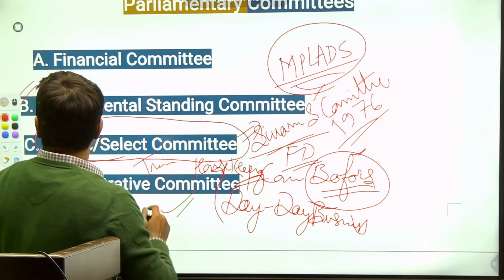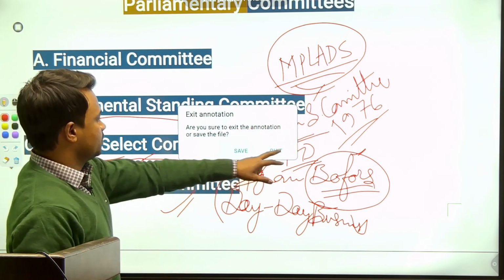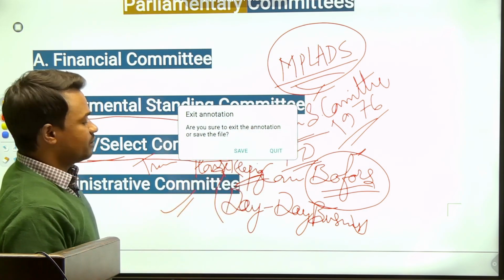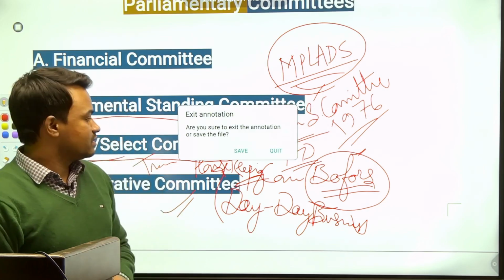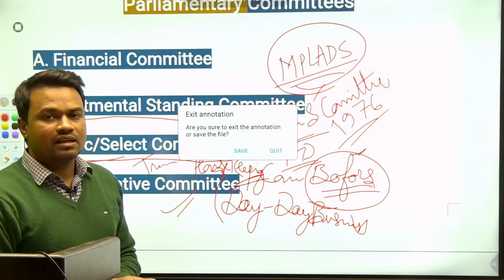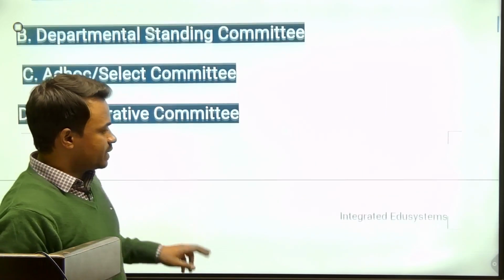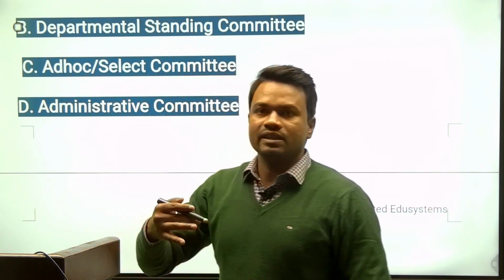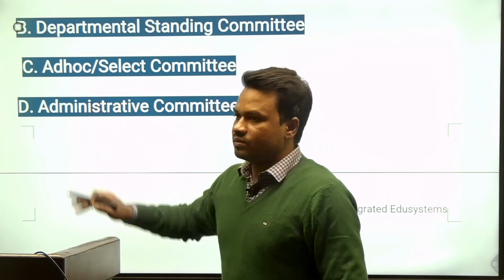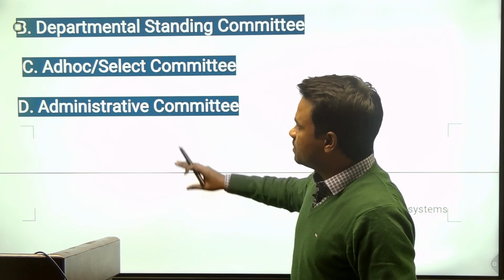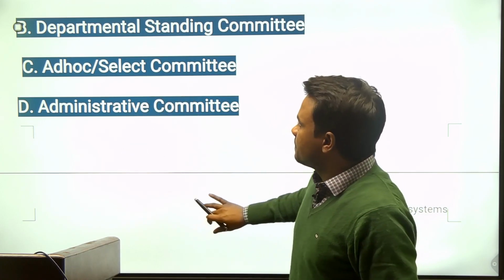To examine these parameters or any possible changes or requirements, administrative committees are constituted to give recommendations or to identify issues related to parliamentary business. So that is for the administrative committees. For that particular reason they are there.